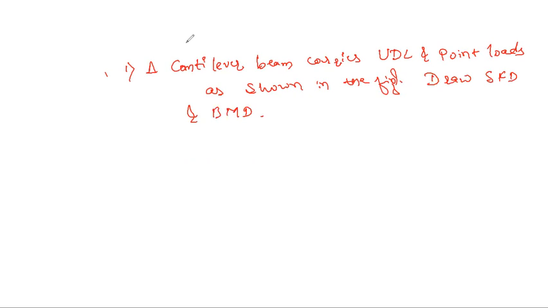The given figure is like this. At the free end we have a load. Approximately in between we have one more load over here and one more load over here. In between this we have the UDL.